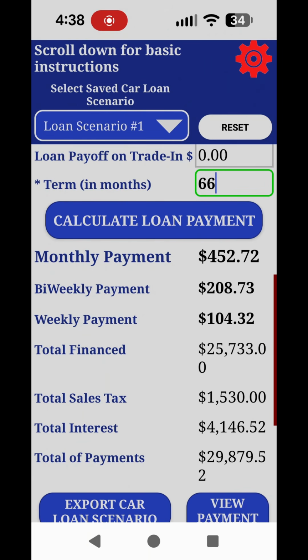Your total amount of interest over the course of 66 months or 5.5 years is $4,146.52, which brings you to a total of $29,879.52. That is what the car will cost you over the course of 66 months.